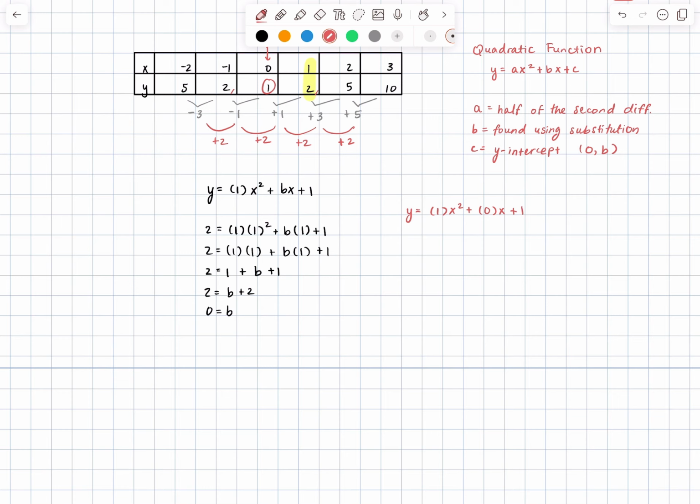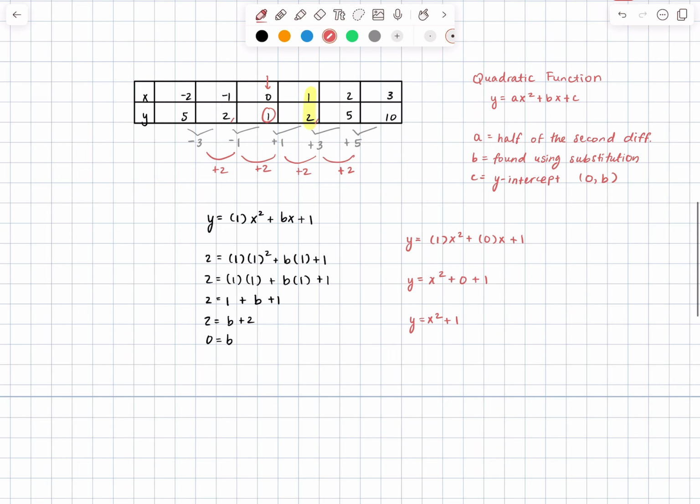We can simplify this. Any number times 1 is itself, so x squared, plus 0 times x, that cancels out to 0, plus 1, and 0 plus 1 is 1. So y equals x squared plus 1. And this is your equation for this quadratic table.